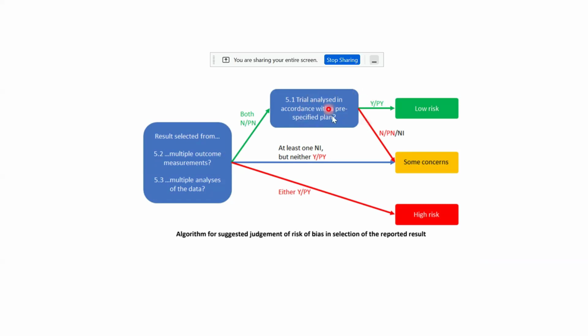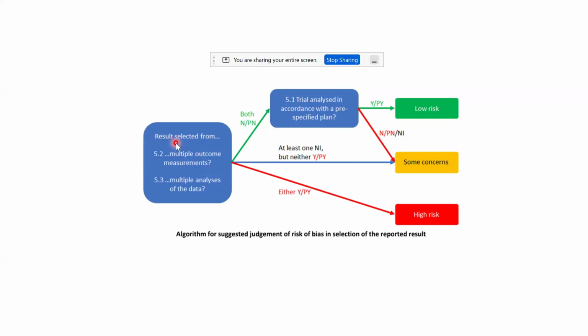For this, if possible, you should try to have access to the protocol. Was it analyzed as it had been mentioned in the protocol? And 5.2 is, was the result reported selected from multiple outcome measurements?